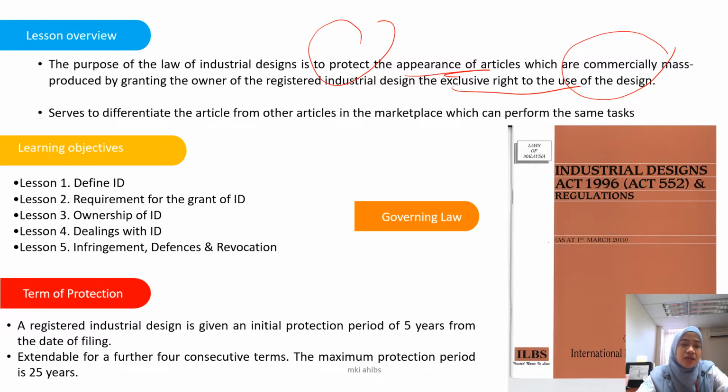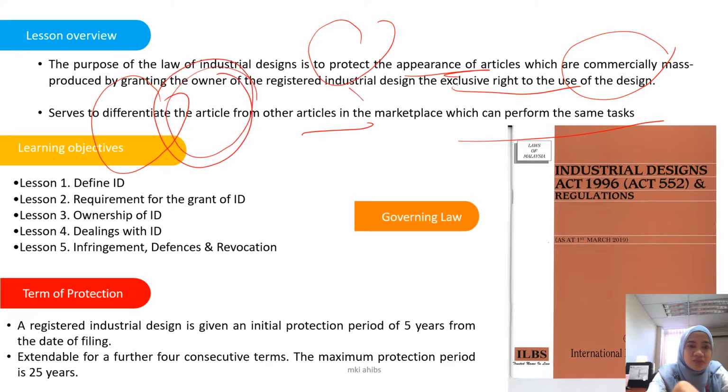Right. And this ID serves to differentiate the article from other articles in the marketplace which can perform the same task. The usage of the work here refers to the article. Article here doesn't mean journal article. Article here means the product itself. For the copyright, we refer to them as work.